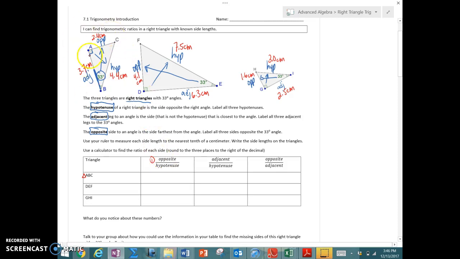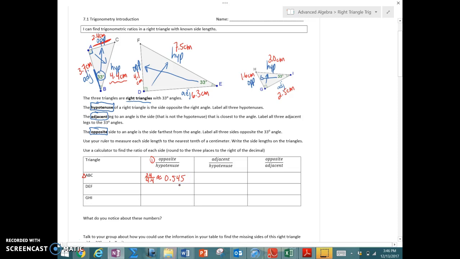Okay, so I look up at my triangle, and we said that the opposite side had a length of 2.4, and the hypotenuse had a length of 4.4. So I'm going to do 2.4 divided by 4.4 on my calculator. I'm going to round, so I'm going to use a squiggly equal sign because that means about, and I got 0.545 when I divided those 2 numbers by each other.